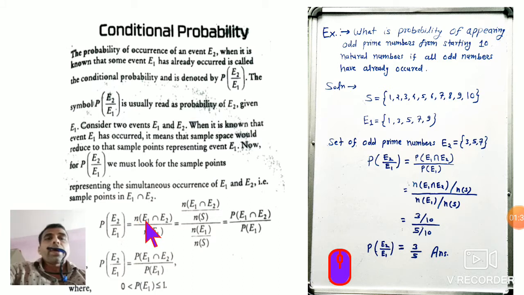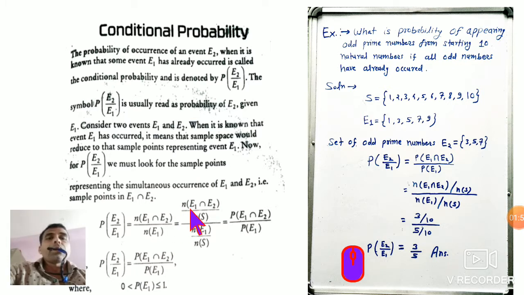First find E1 intersection E2, the common elements of E1 and E2. n(E1) means the number of total elements of E1, and n(E1 ∩ E2) means the number of total elements of E1 intersection E2.